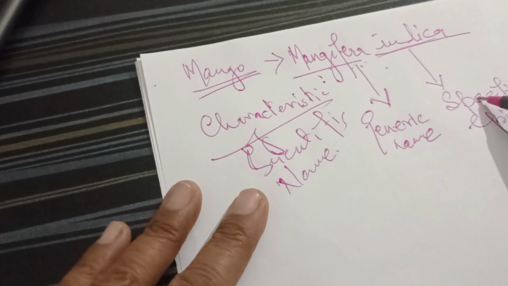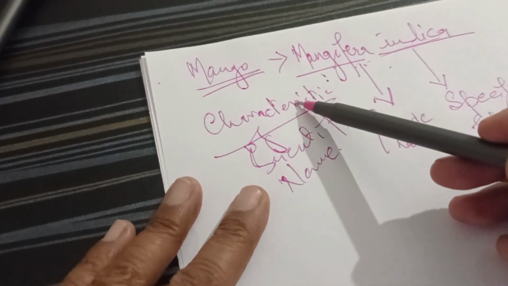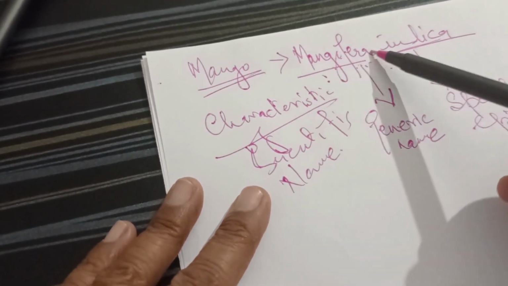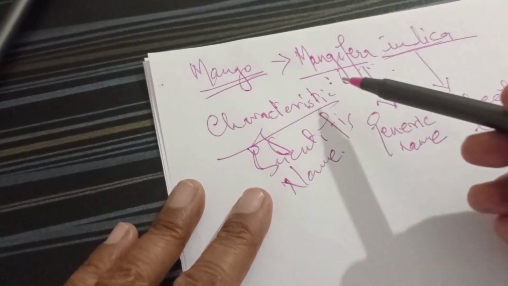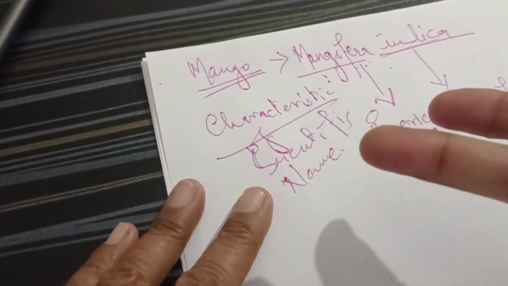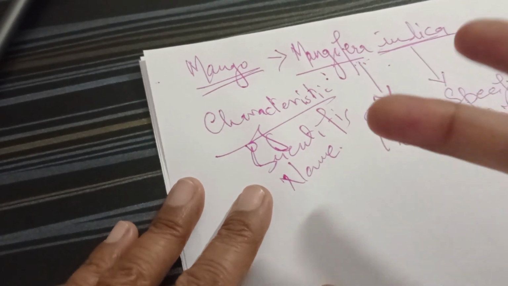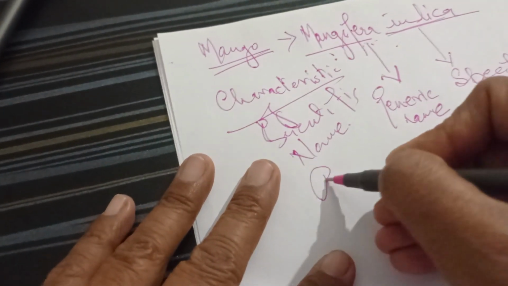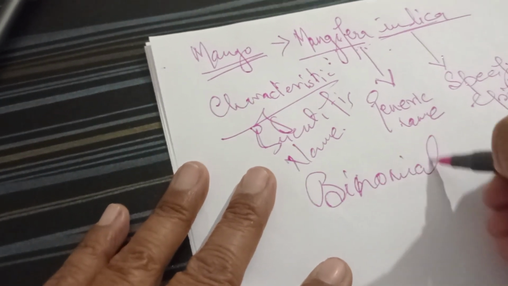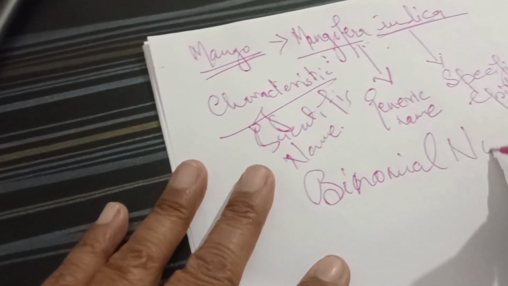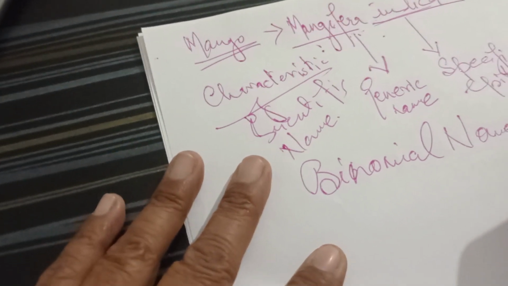All living organisms have been given such scientific names, which are made up of a generic name and a specific epithet. That means two names. Each scientific name is made up of two names. This is known as binomial nomenclature.